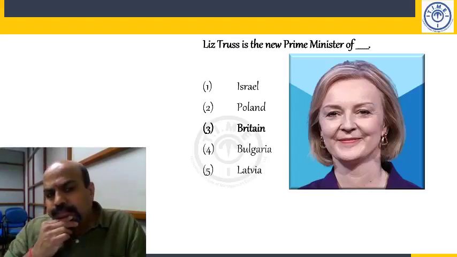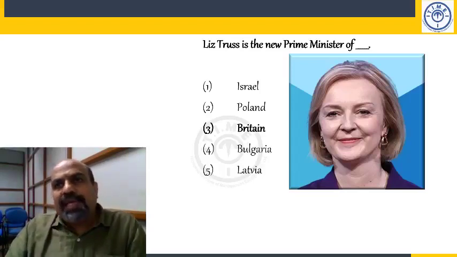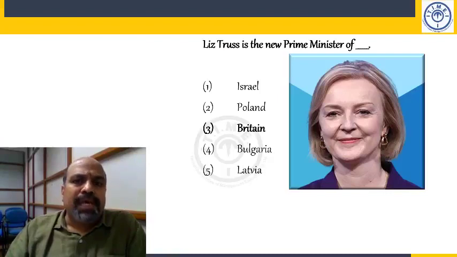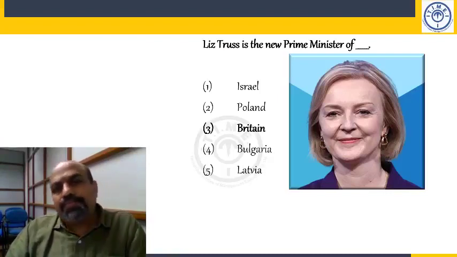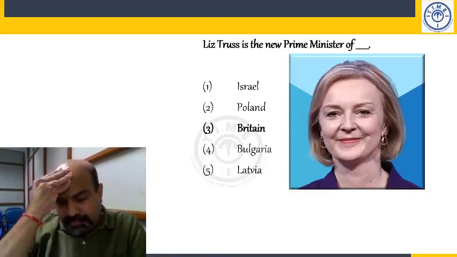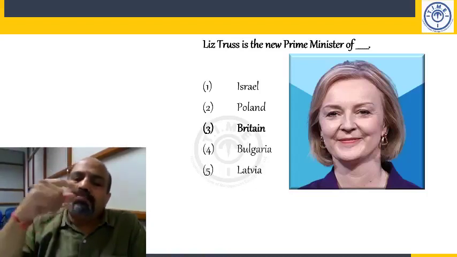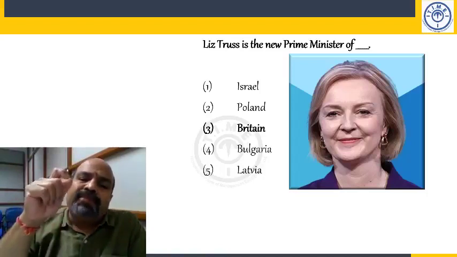Bulgaria. The prime minister is Galab Donev, GALAB, DONEV. That's the prime minister. Latvia.